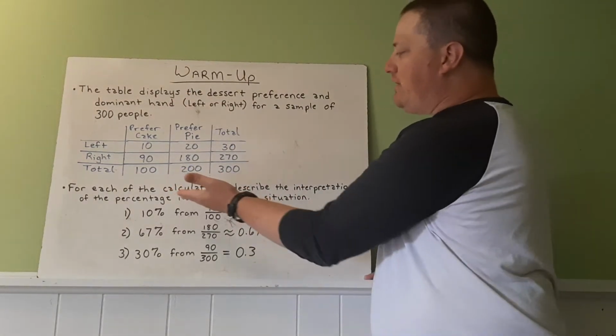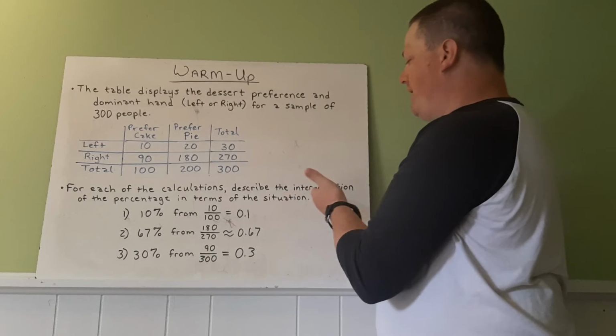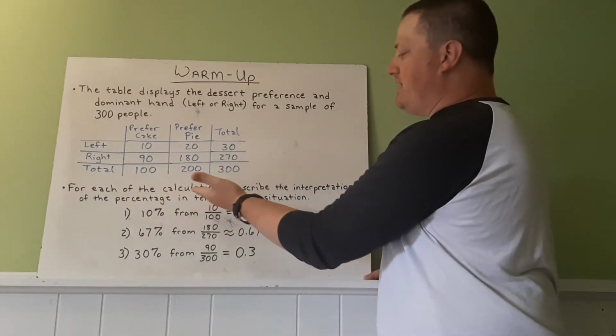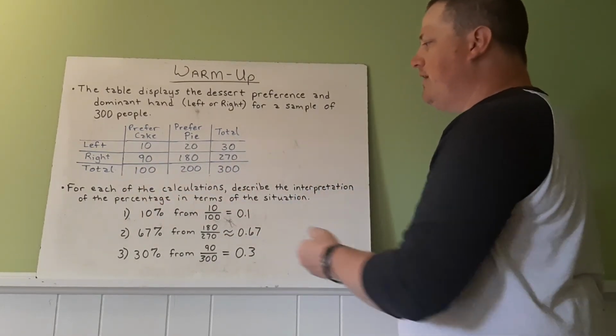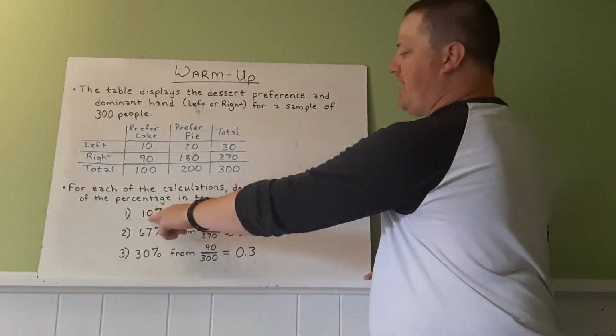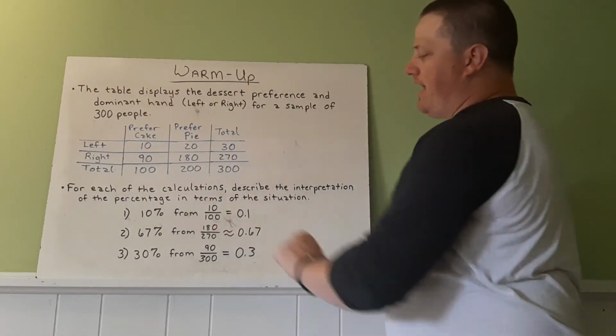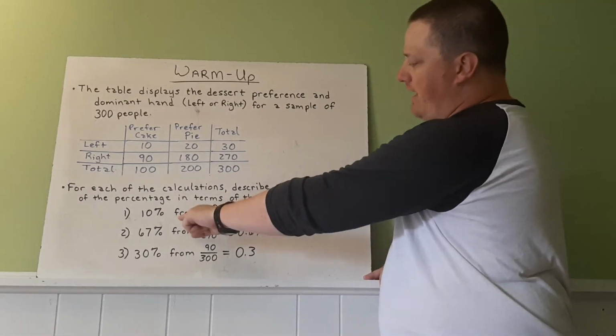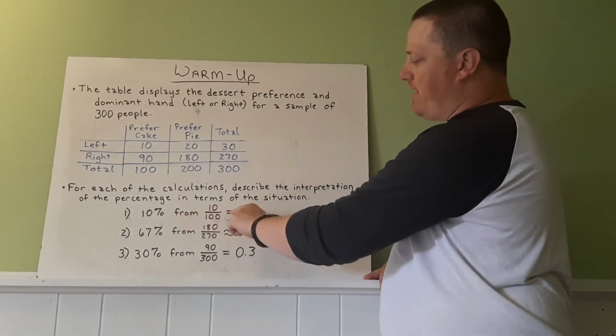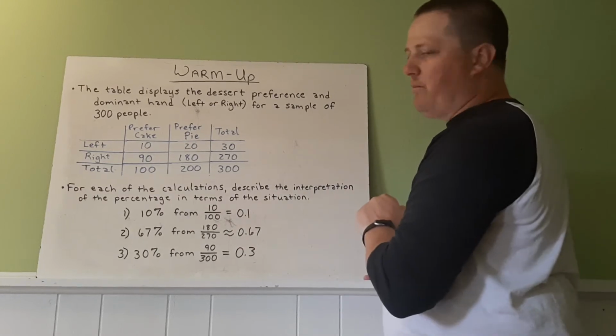Okay? For each calculation, describe the interpretation of the percentage in terms of the situation. So in number 1, we have 10%. I want to know where that 10% might come from, and your help here is it came from 10 divided by 100 equals 0.1.